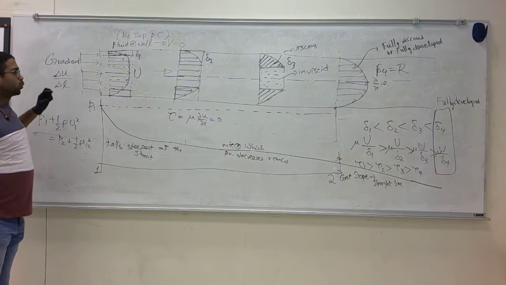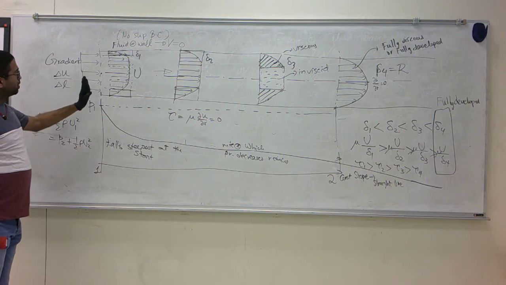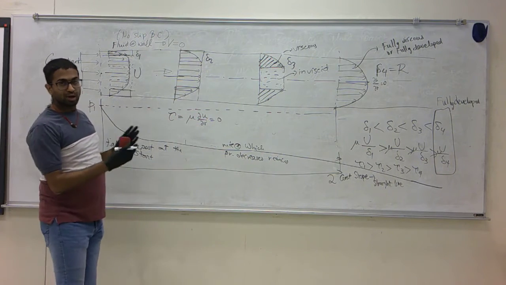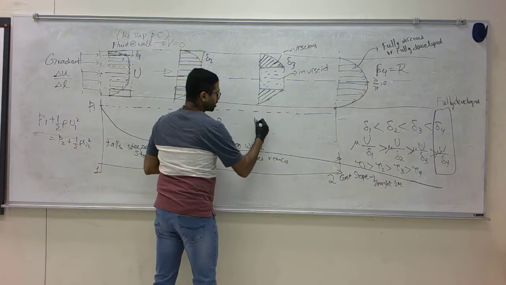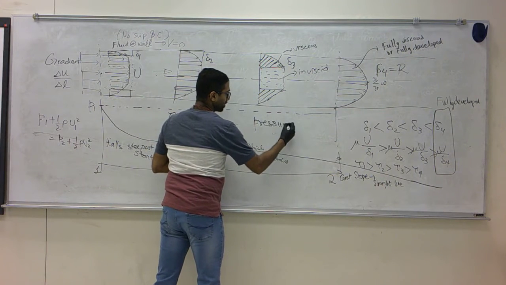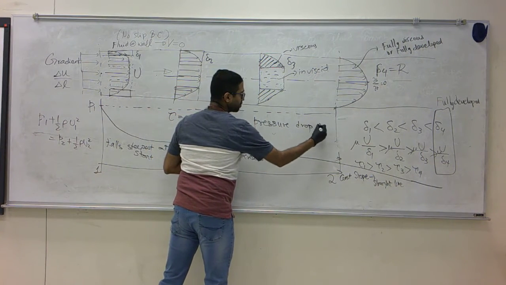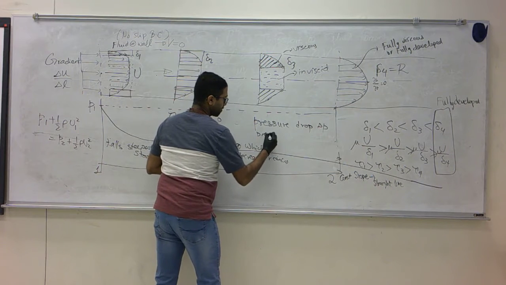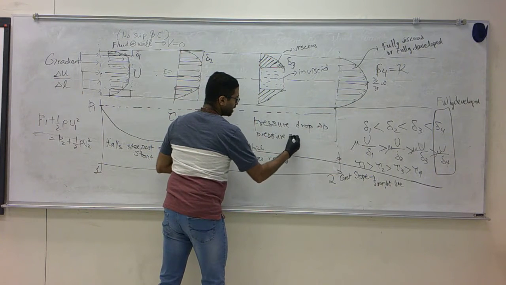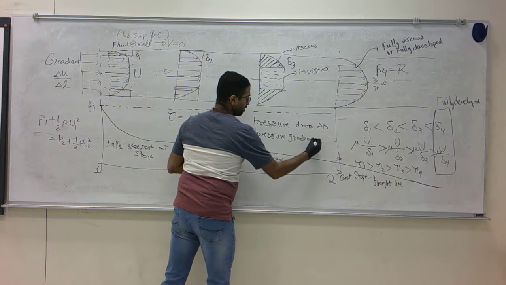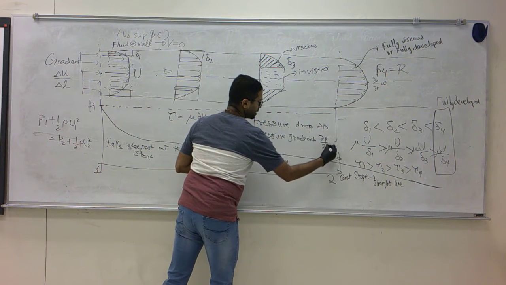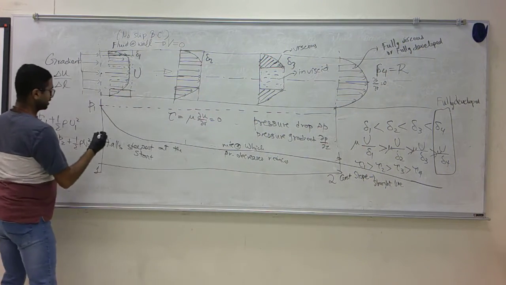So what do we call that term? Pressure variation over length is called pressure drop, delta P, pressure gradient, which is delta P over delta Z. You call this the Z direction.